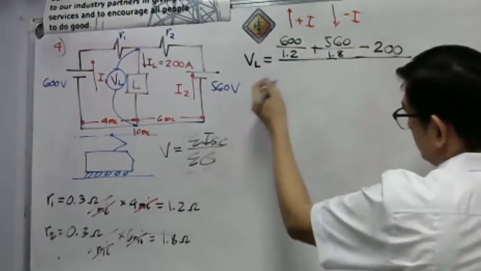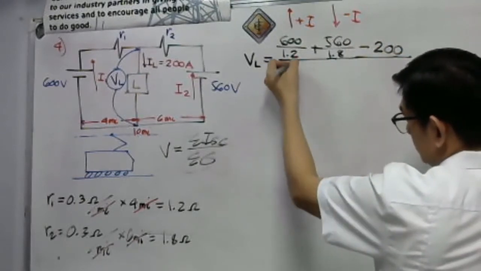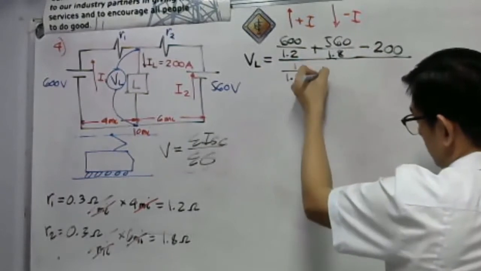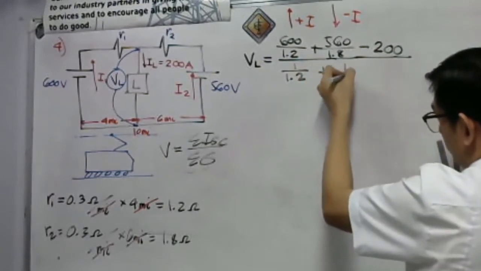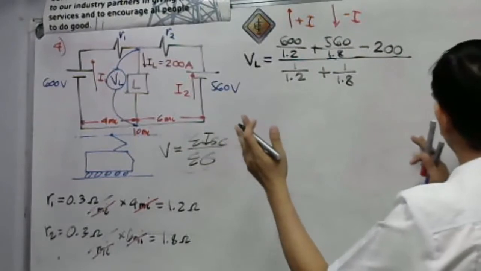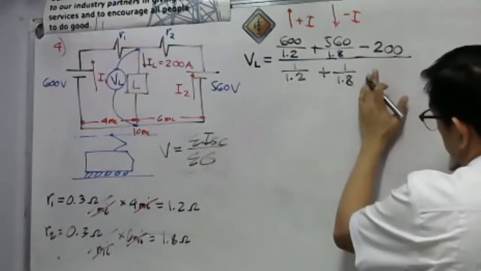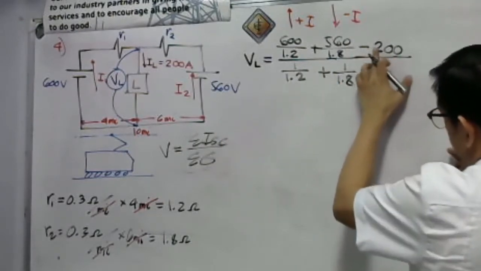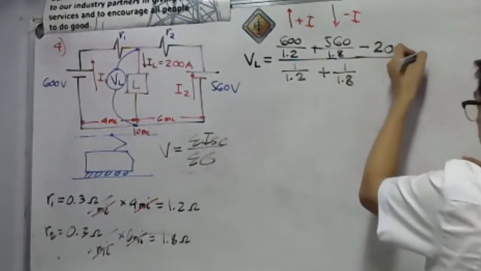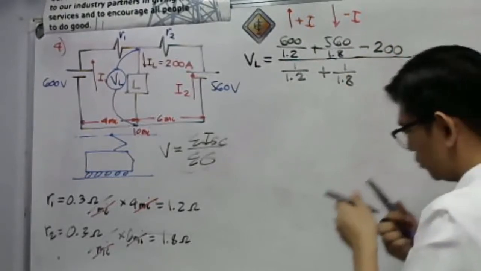Then, what about the conductances? Just take a look here. So, 1 over 1.2 plus 1 over 1.8. There will be no more here for 200. Just put here minus 200. So, our BL now will be equal to what?